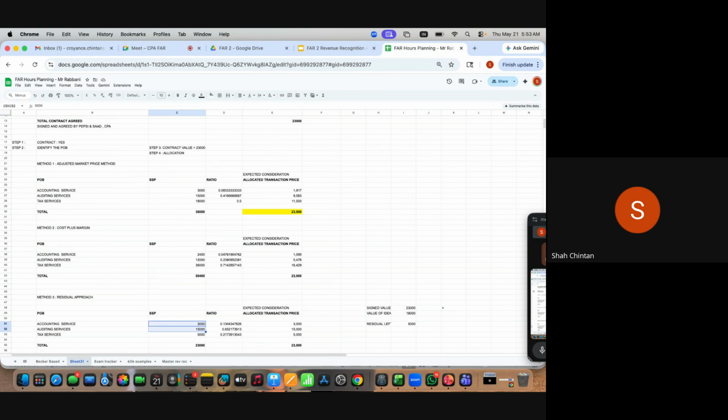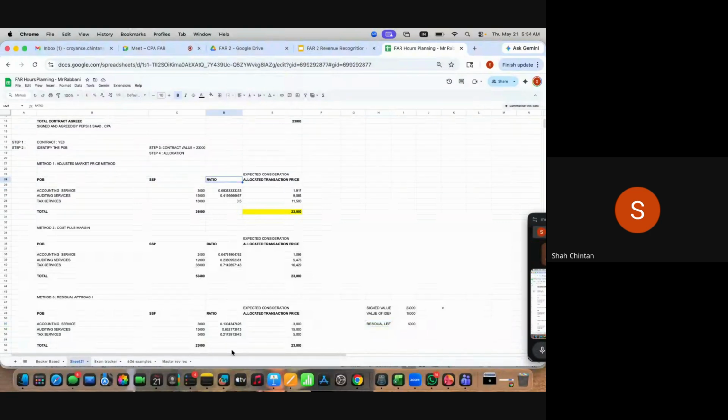We had an identifiable SSP of two items, which is $18,000. The signed value was $23,000. So the $5,000 balance left can be attributed to the third performance obligation as a residual value. So these are the three methods allowed under the accounting standard to calculate the SSP.